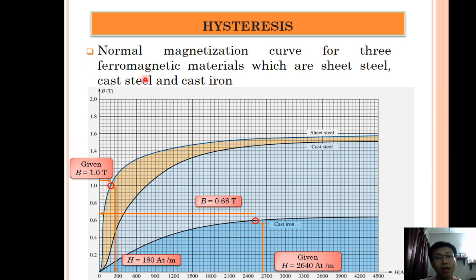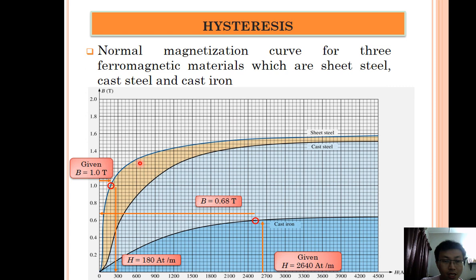So the normal magnetization curve for 3 ferromagnetic materials, which we normally use 3 types: sheet steel, cast steel, and cast iron. So we can see the BH curve, cast iron is here, cast steel is this one, steel sheet is this one.